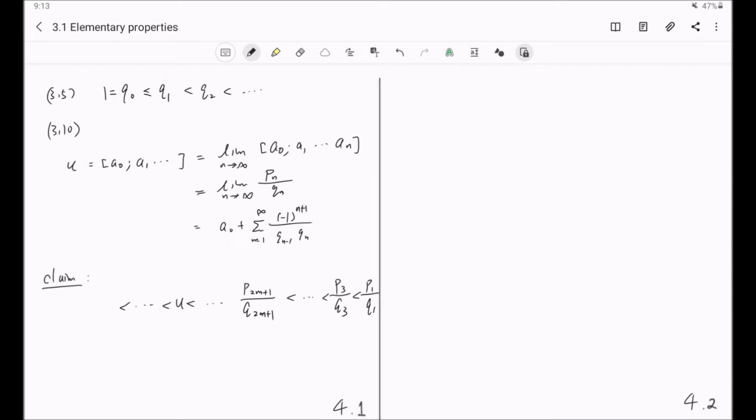U is also bounded below by all the even terms, P sub 2n divided by Q sub 2n all the way to P2 divided by Q2. This is greater than P0 divided by Q0.